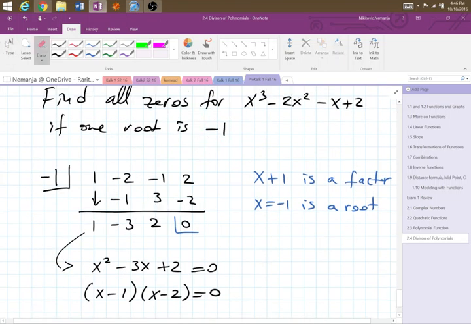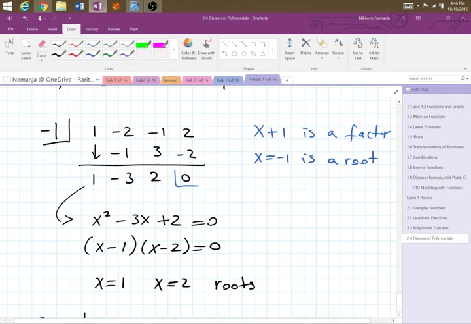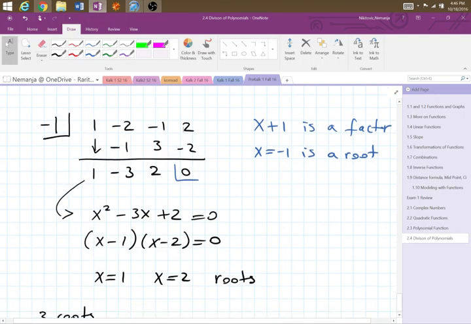So we were given 1. And then through the means of division, hopefully synthetic because it's the fastest, we obtain the polynomial of the second degree. And the second degree now, since the highest exponent is 2, must have 2 roots, which could be both real or both complex. Well, we came up with the 2 real roots, 1 and 2.